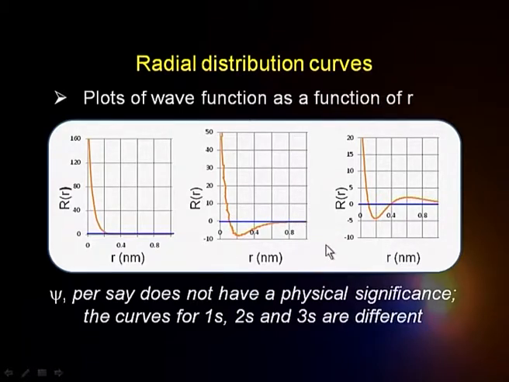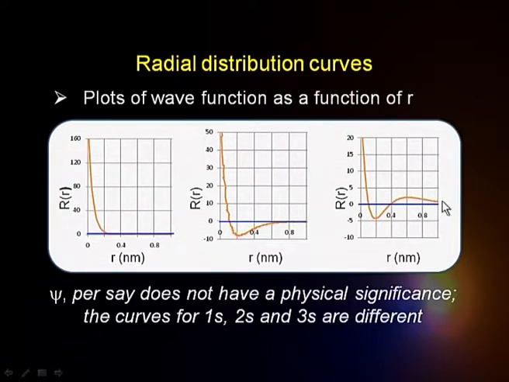The 3s orbital is again very interesting. A large value to begin with, it comes down very sharply, becomes 0, becomes negative, comes to a minimum, starts increasing, comes to 0 again, and becomes positive again.